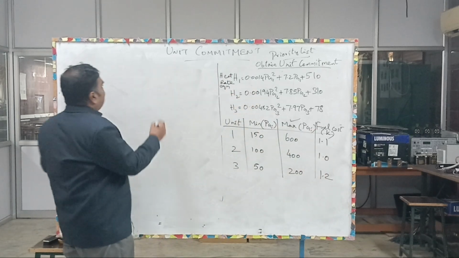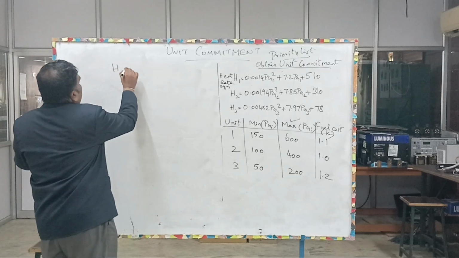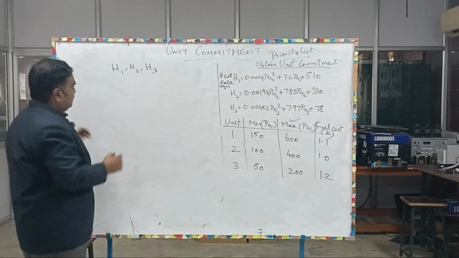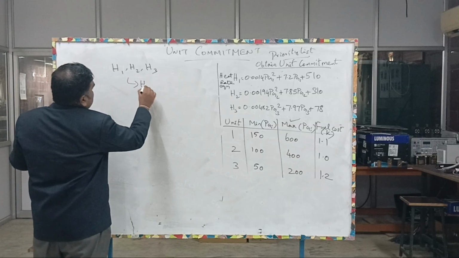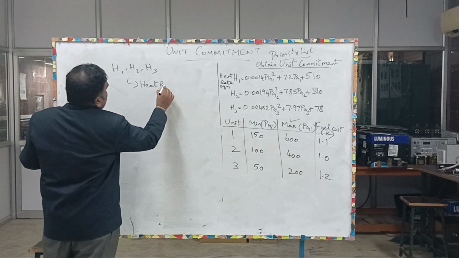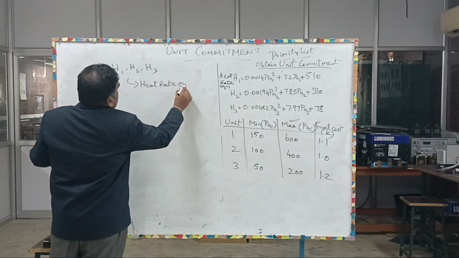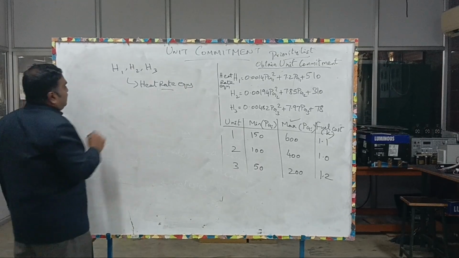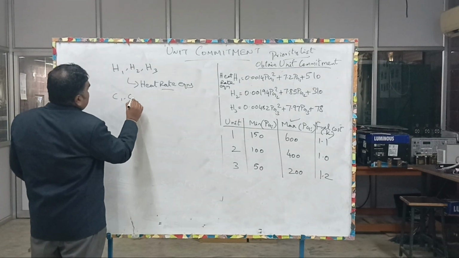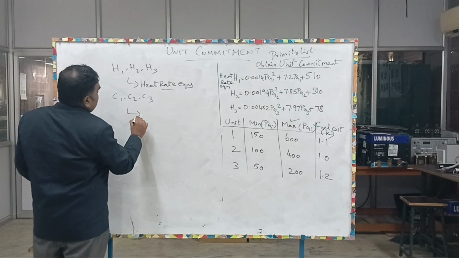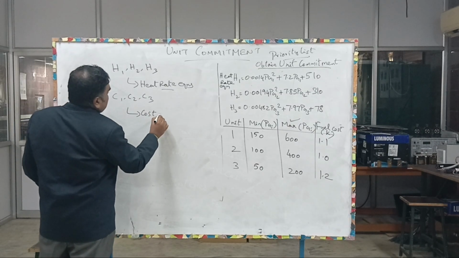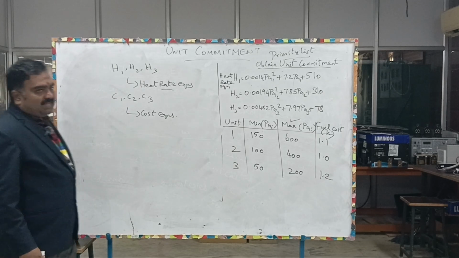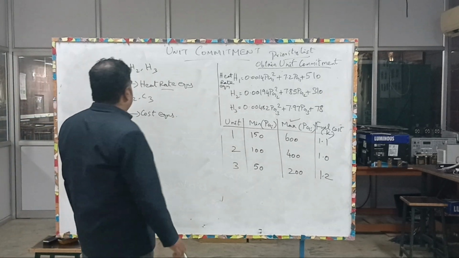If you are given equations as H1, H2 and H3, you call them heat rate equations. In other cases, you would be given 3 equations C1, C2, C3, you would call them as cost equations.